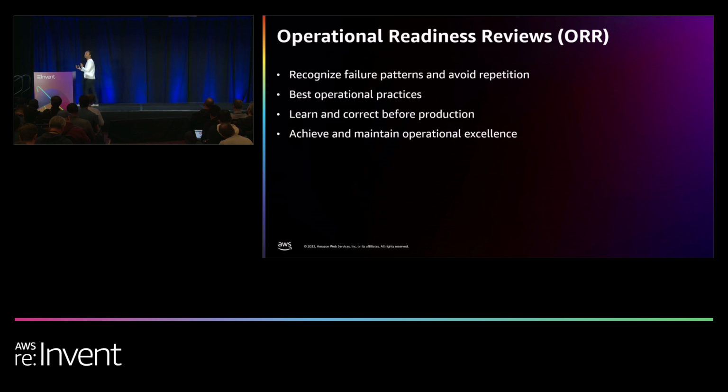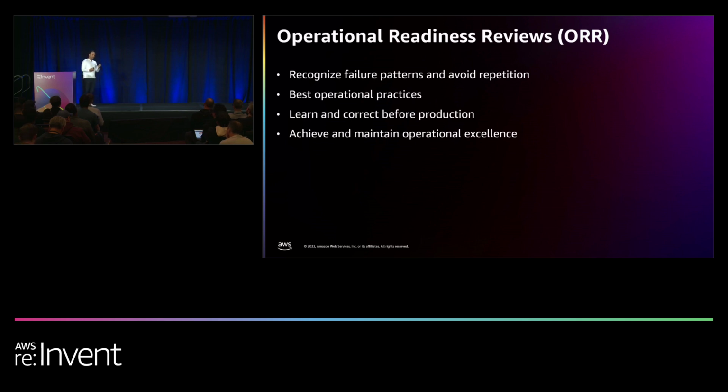So that's where the operational readiness review mechanism comes into the picture. This particular mechanism distills all the learnings we've had from the availability incidents and folds it into a set of questions that service teams are required to answer whenever they're going to launch a product, launch a feature, or launch an enhancement.